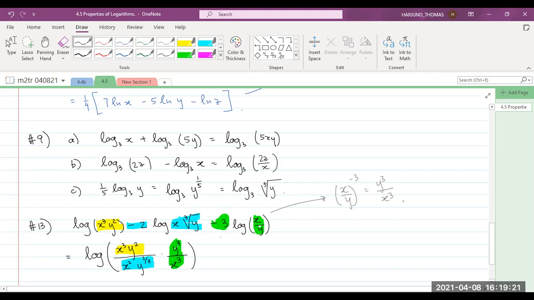So that will be log of x cubed y to the 5th over x to the 5th y to the 11th thirds, which becomes log of y to the 4/3 on the top over x squared at the bottom.